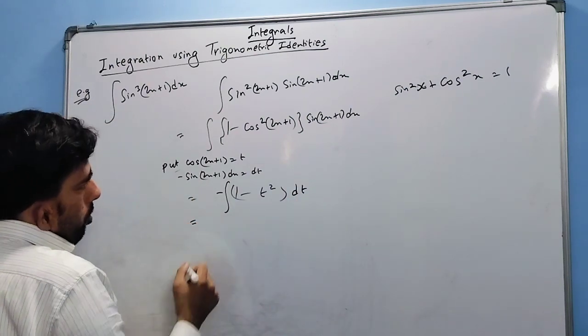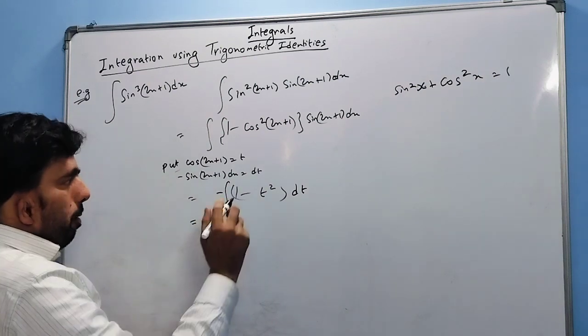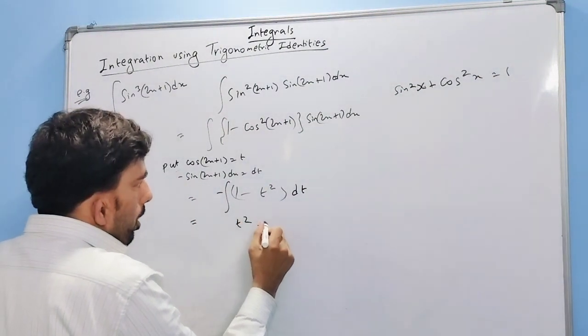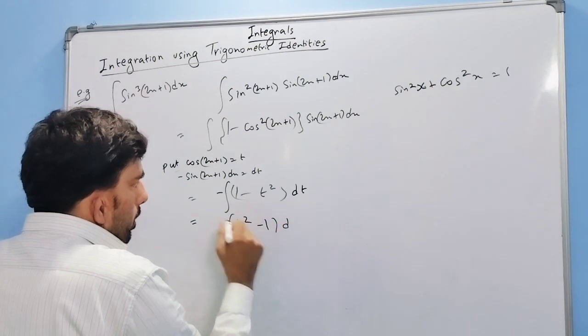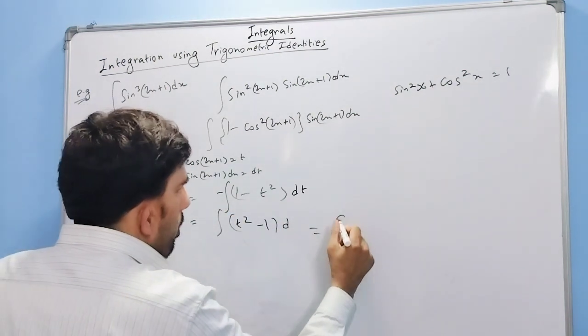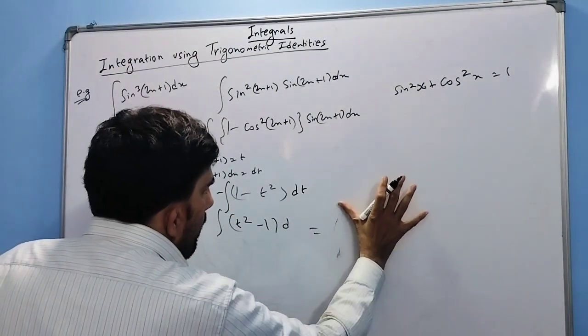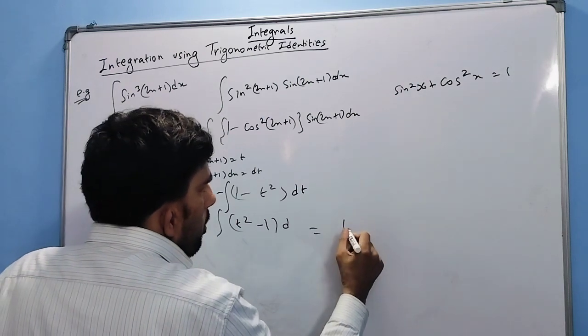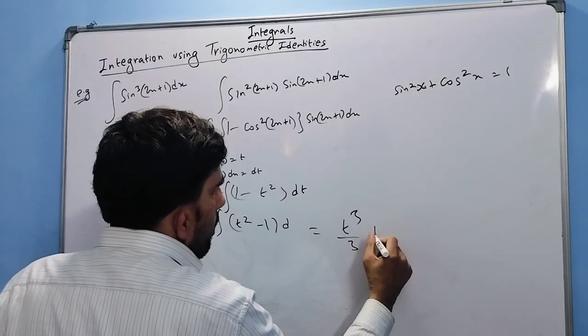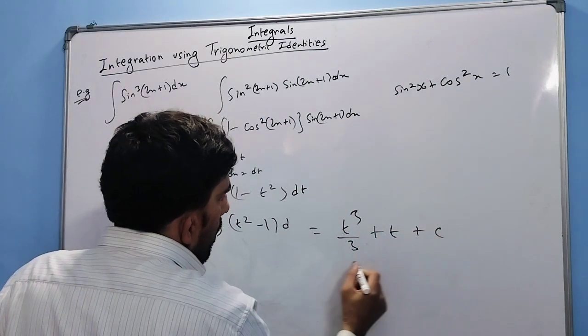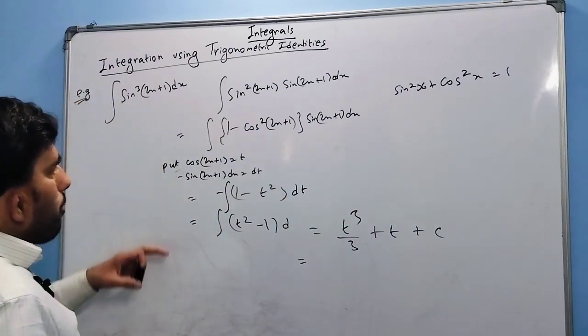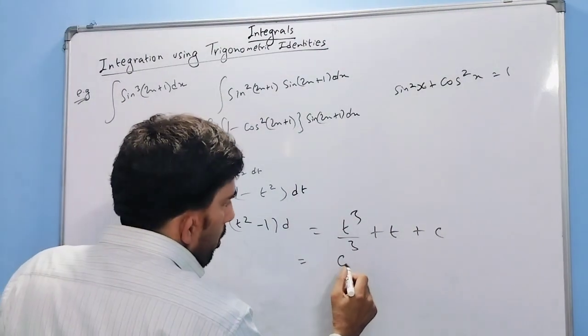Now what we can do? We can multiply by the minus sign, so that it will be t square minus 1 dt. So what will be the answer? After integrating, I got t cube by 3 plus t plus c. Now what is t? I have taken cos(2x+1).